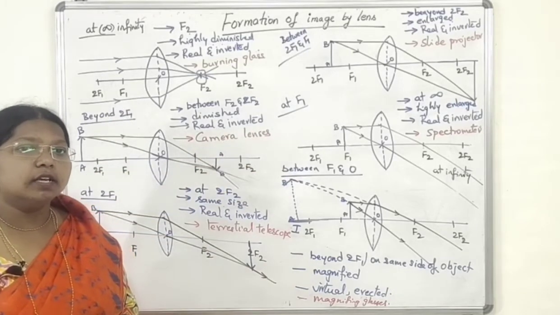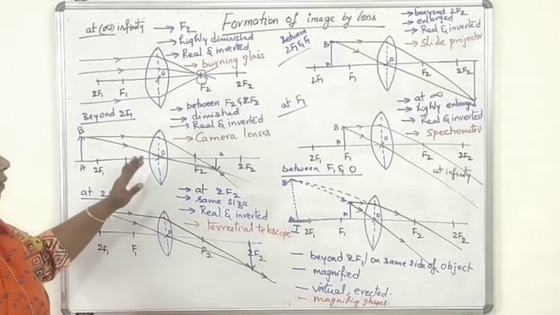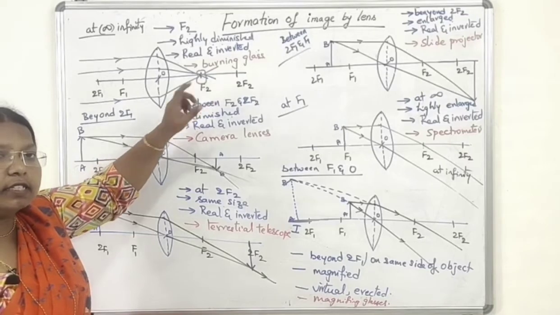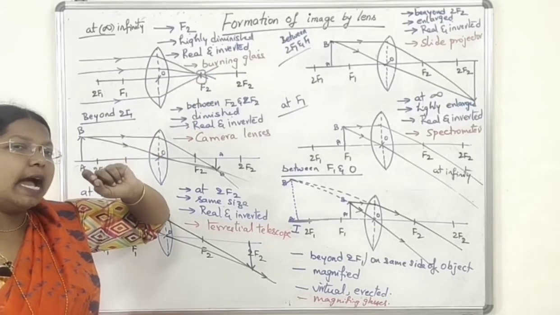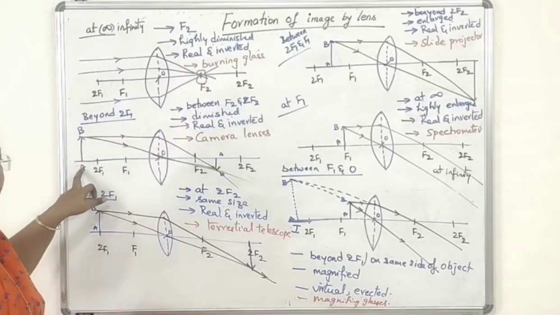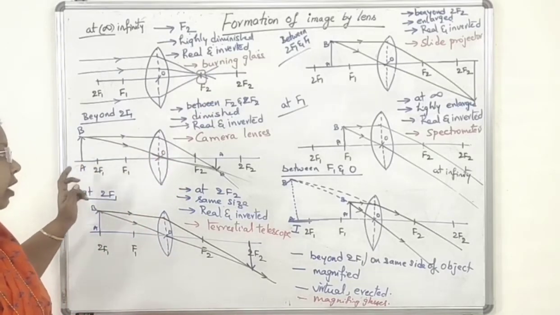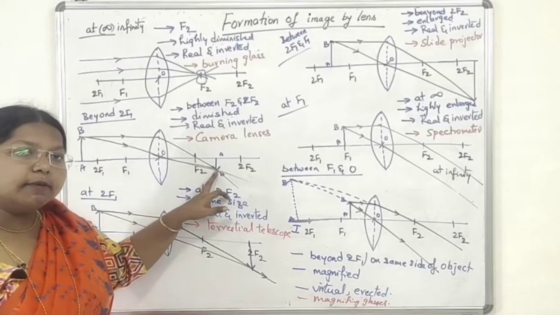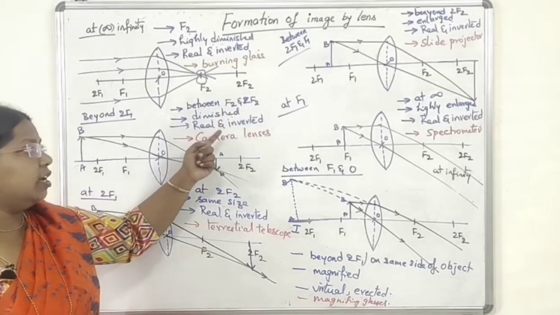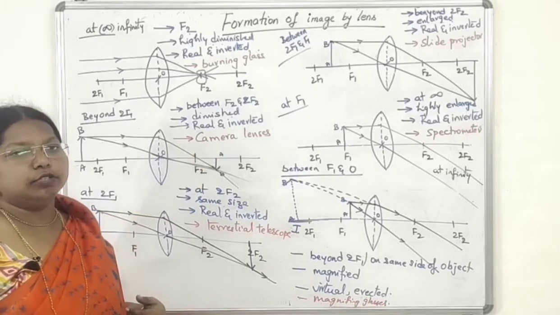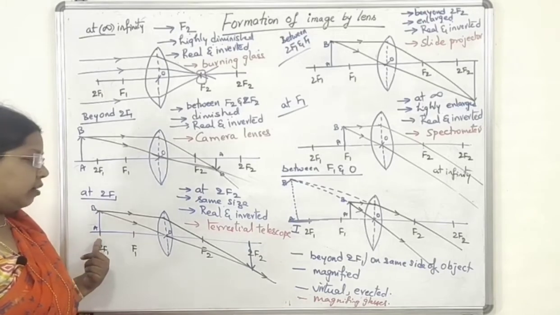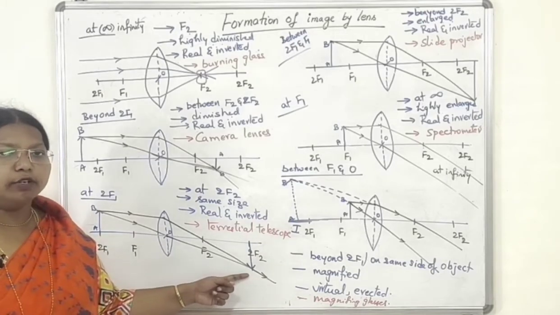Is it clear, students? So now it is very clear. If the object is at infinity, we see the light rays coming to a point, and the image is highly diminished, real, inverted. Next, if it is beyond 2F1, the light rays meet at a point between F2 and 2F2, diminished, real, inverted image. This application is used in camera lenses. And next one, if it is at 2F1, a same-size image is formed at 2F2.